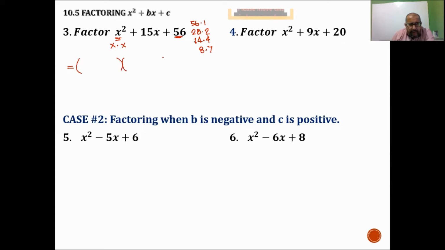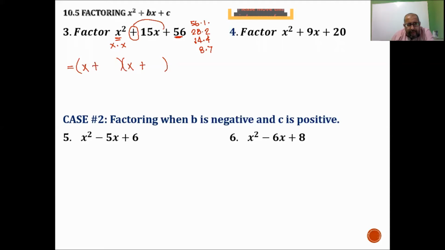So we open up the parentheses, we create the x and the x. Okay. Then we bring down, remember, the first sign comes in here, and the multiplication of the two signs comes in here. Okay, so positive and positive becomes positive. Now I look for the combination that gives me two numbers whose multiplication is 56 and whose addition will be 15.